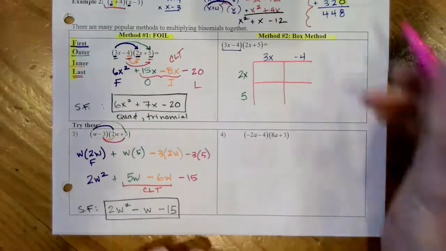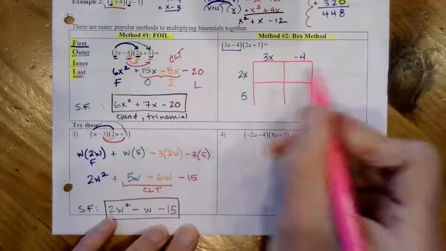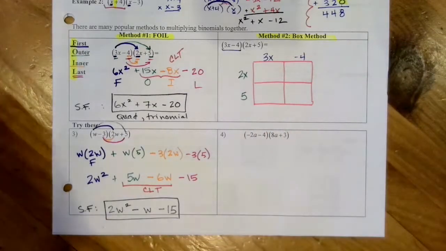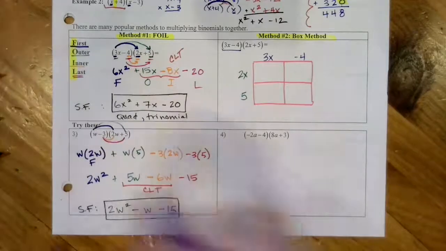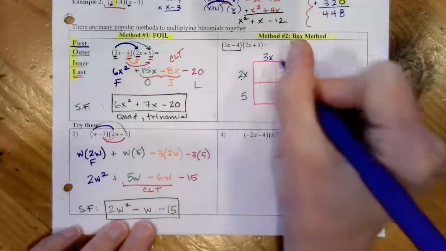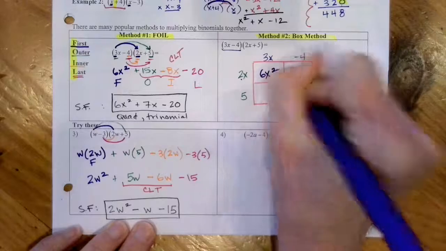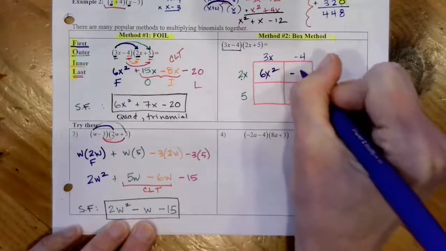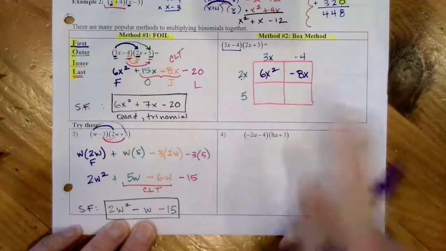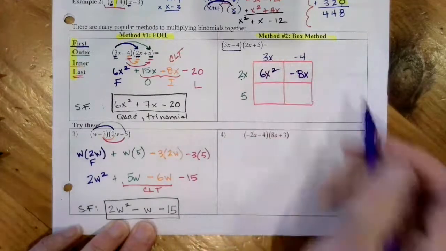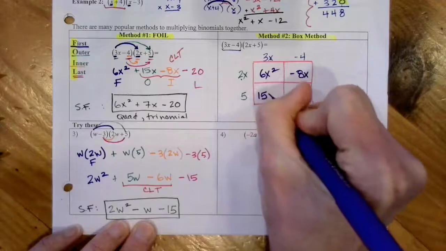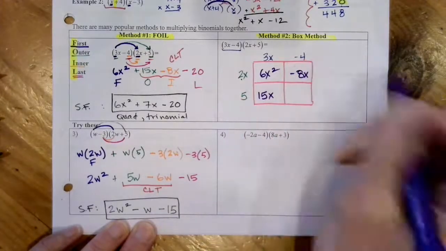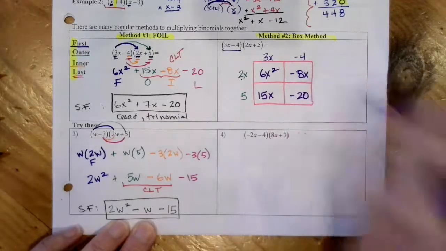So inside my box is going to be each of their products. Are you ready? So 2x times 3x is going to be 6x squared. 2x times negative 4 is going to be negative 8x. 5 times 3x is 15x. 5 times negative 4 is going to be negative 20.